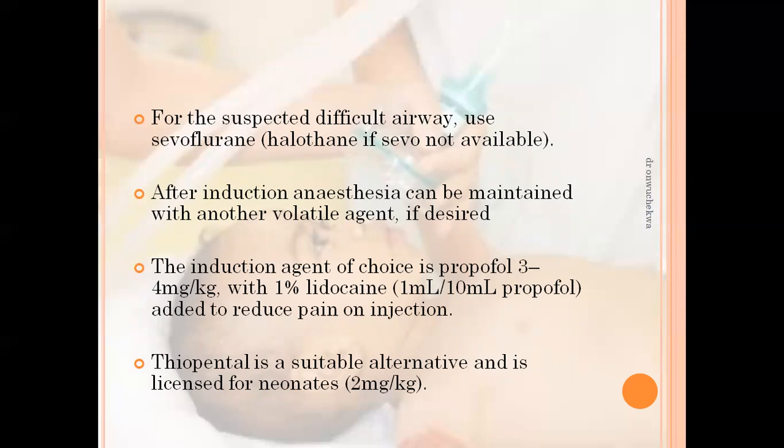So the induction agent of choice is usually propofol, 3 to 4 milligram per kg, with 1% lignocaine, 1 ml per 10 mls of propofol, added to reduce the pain on injection. Thiopental is also a suitable alternative and is licensed for neonates, 2 milligram per kg.